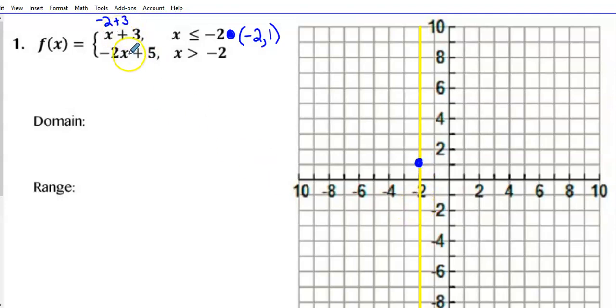Okay. My function is x plus 3. So that's linear. It would have a y-intercept at 3, but the y-axis is not in this function. So I'm not going to put my y-intercept there, but I can count a slope from anywhere on a line.